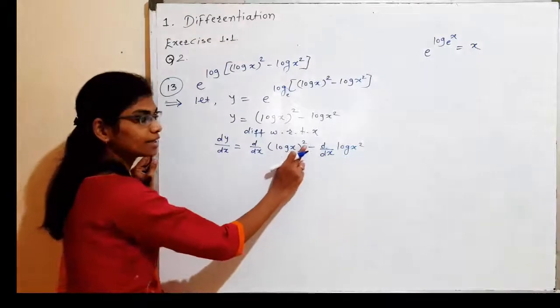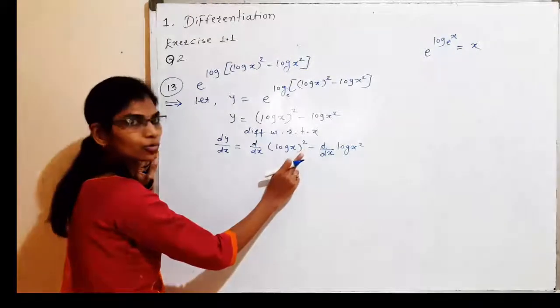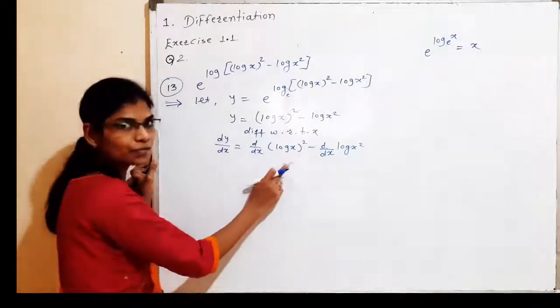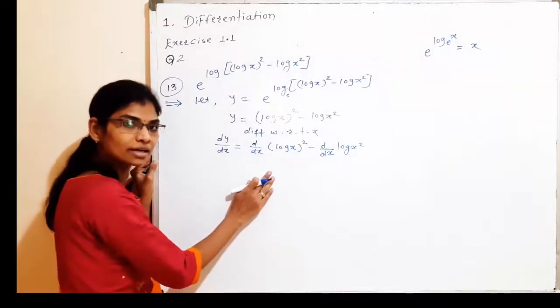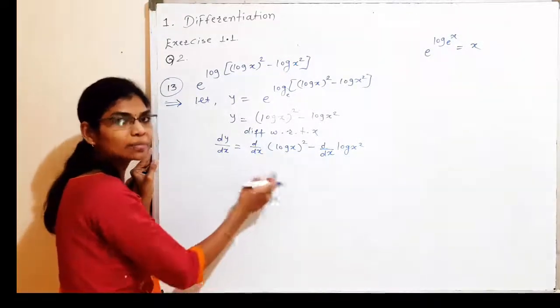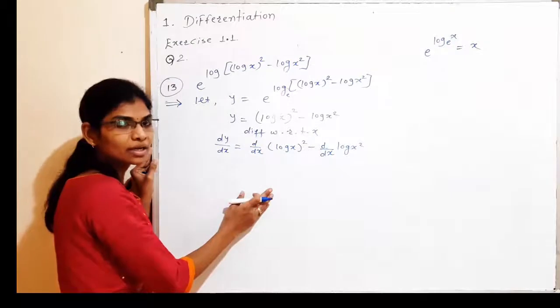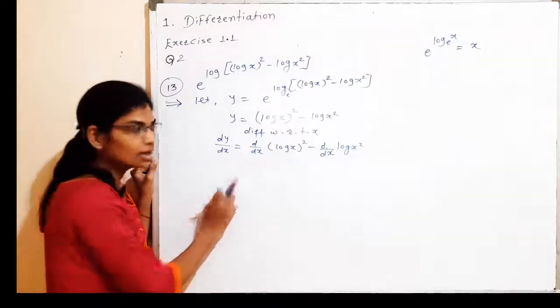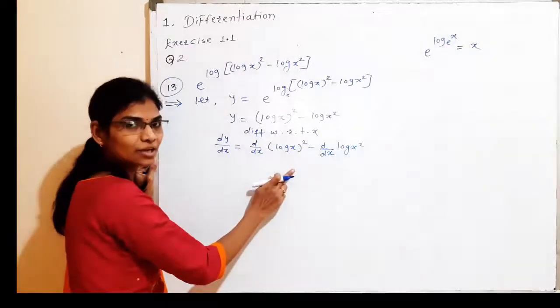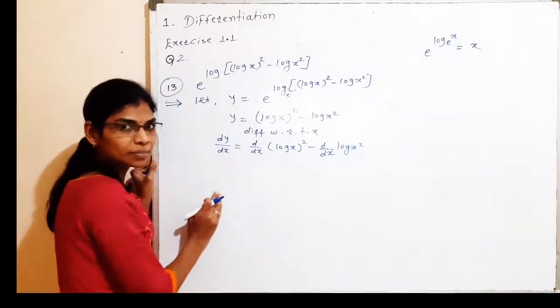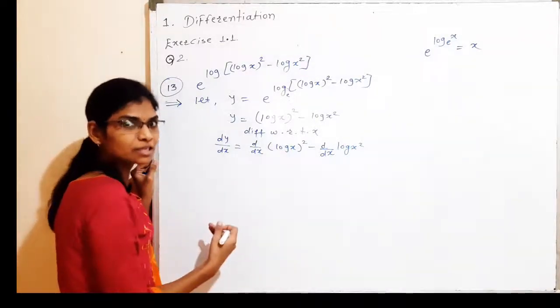Here the whole bracket raised to 2 is there, so we have to use the formula for derivative of x raised to n, and its derivative is n multiplied by x raised to n minus 1. It means whenever the index form is there, we can write its derivative as index in multiplication form and index less by 1.